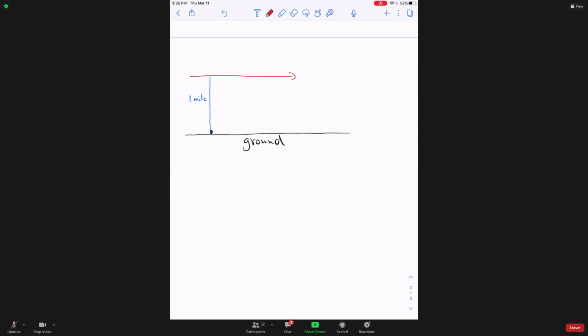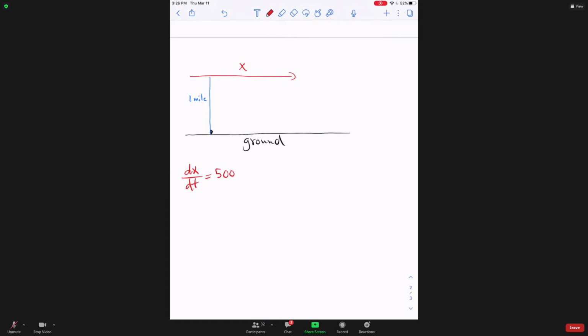So it's 1 mile there, and it's going 500 miles per hour. So the plane, which is going this way, is going 500 miles per hour. So I'm going to call that x because that's what I did in the answer key. So dx over dt equals 500. Now, why is it positive 500?